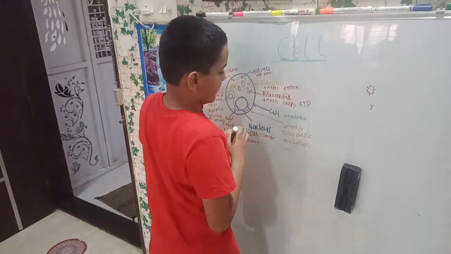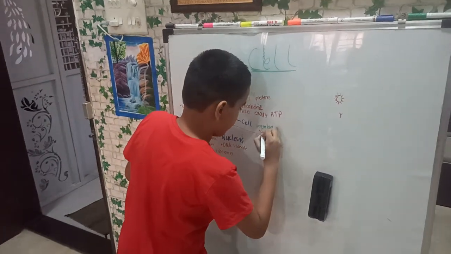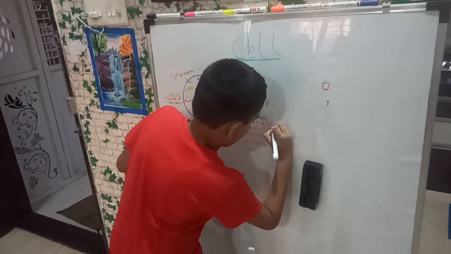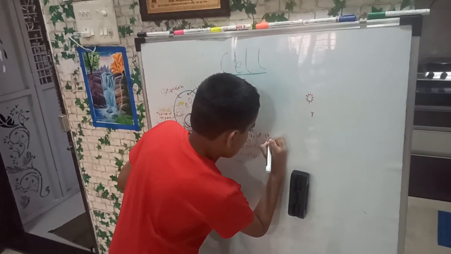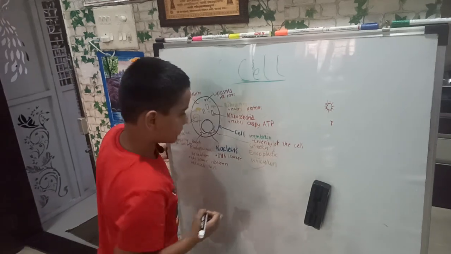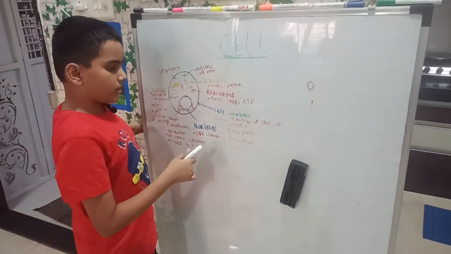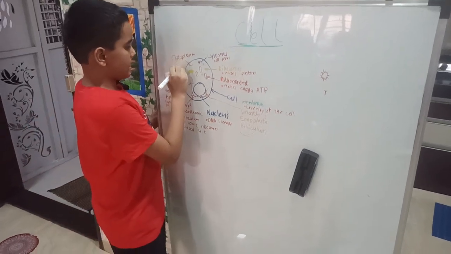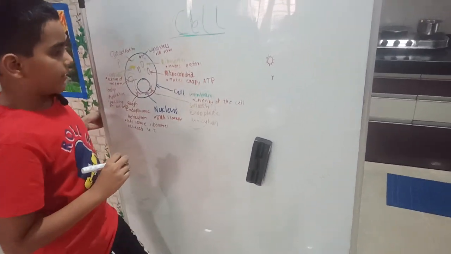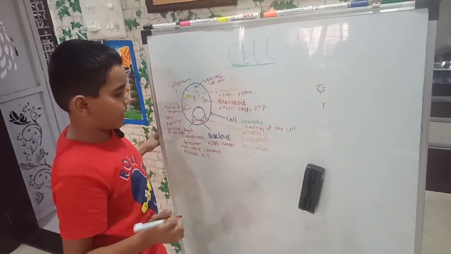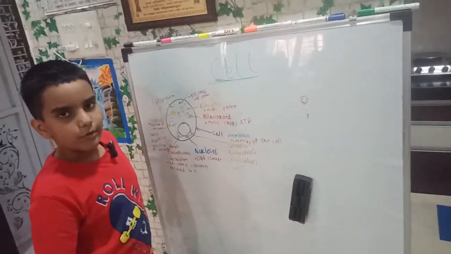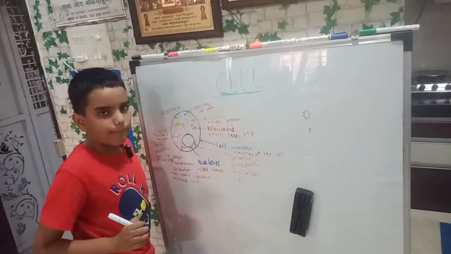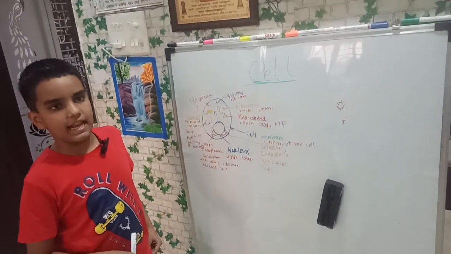And cell membrane. It's the covering of the cell. And smooth endoplasmic reticulum. I will tell you in my next video. And so, these are the parts of the cell.